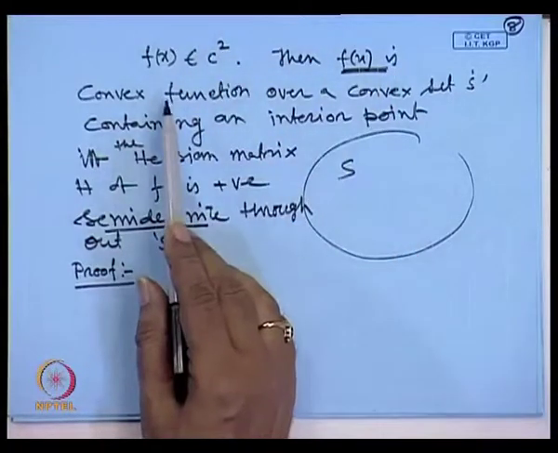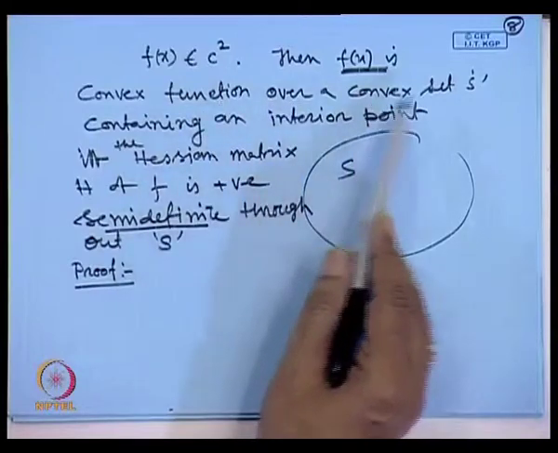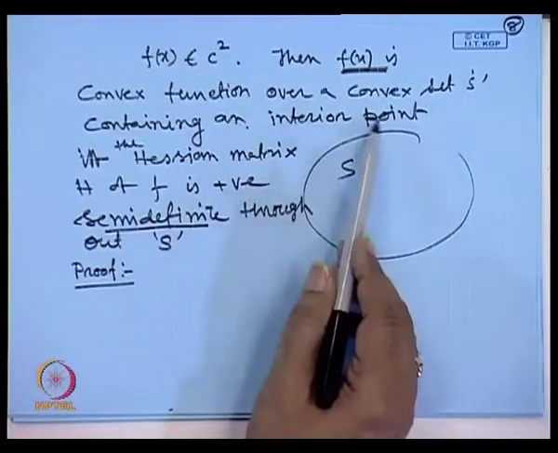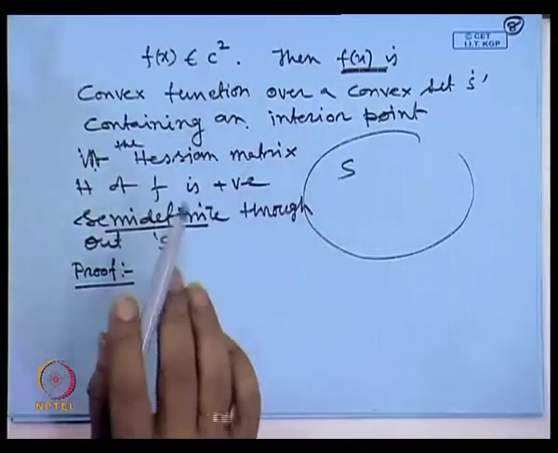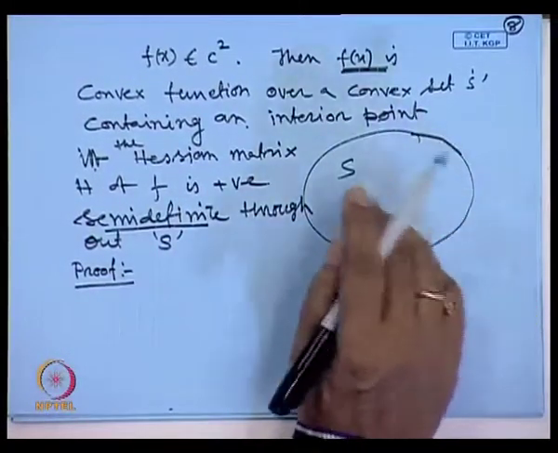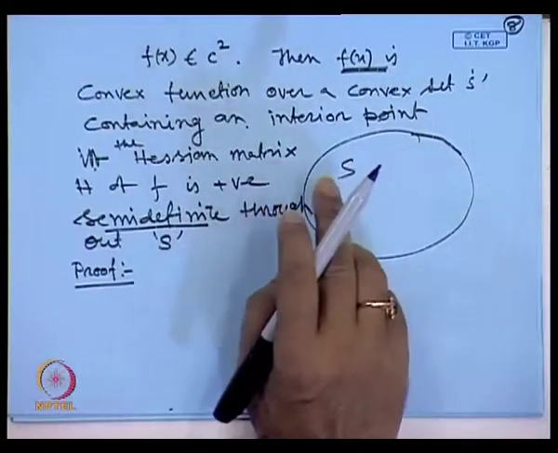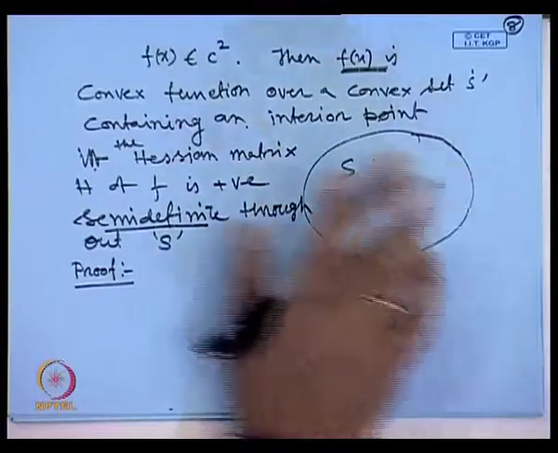Then the function is called a convex function over the convex set S containing an interior point if and only if the second derivative of the function with respect to x, which is the Hessian matrix, is positive semi definite over the convex set. Then we will call the function a convex function, or if this Hessian matrix is positive definite, it also carries the convex function.